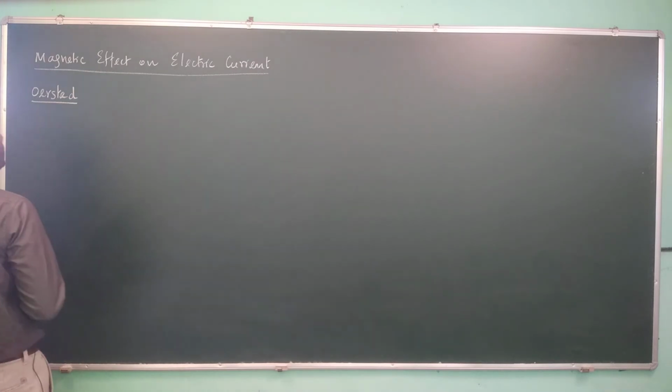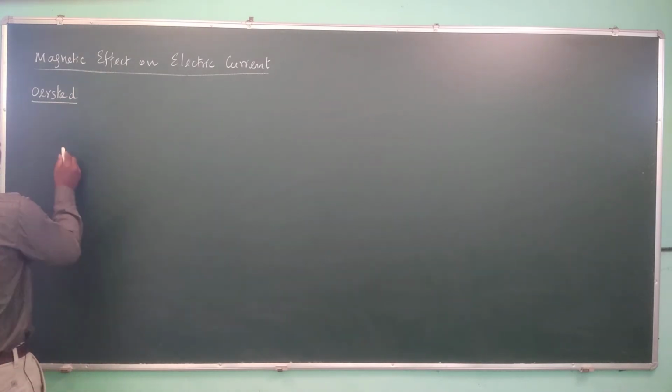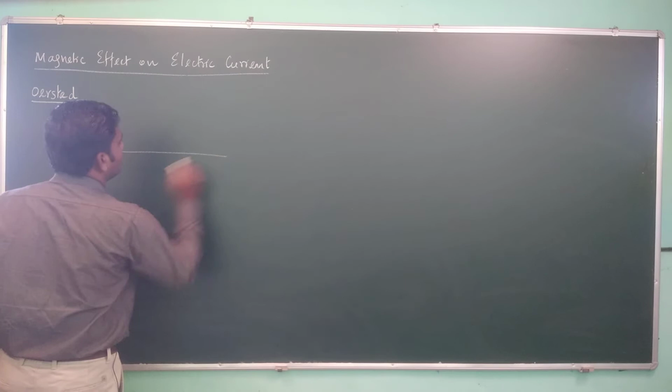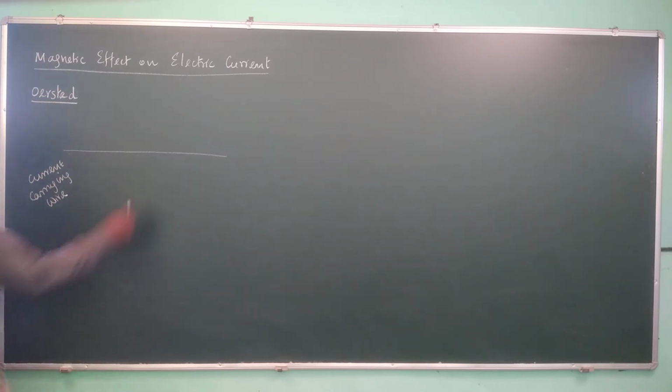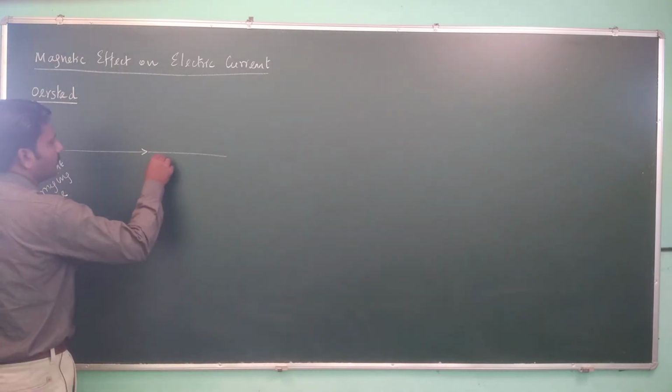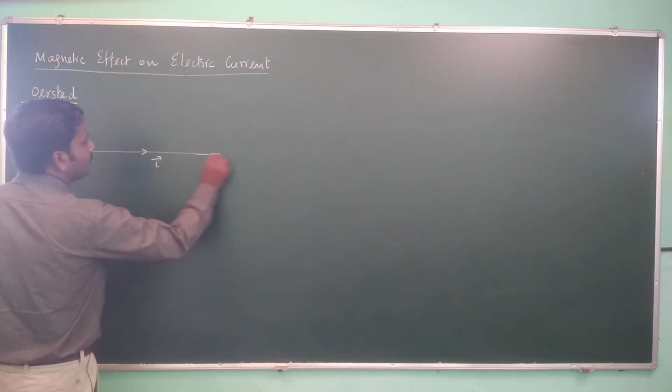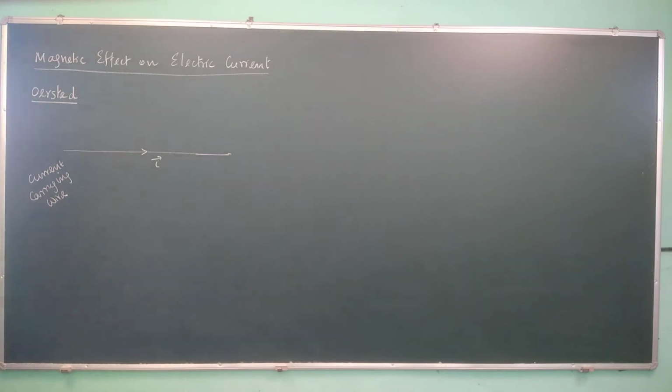In this experiment, what he has done was, he has taken a current carrying wire. Suppose this direction I is the direction in which the current is flowing through this wire.